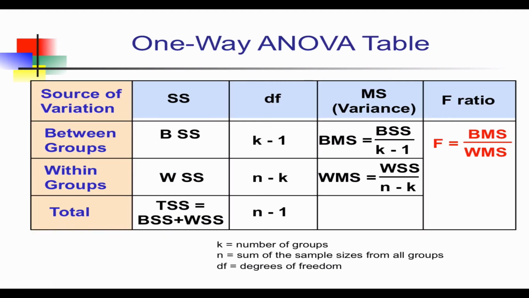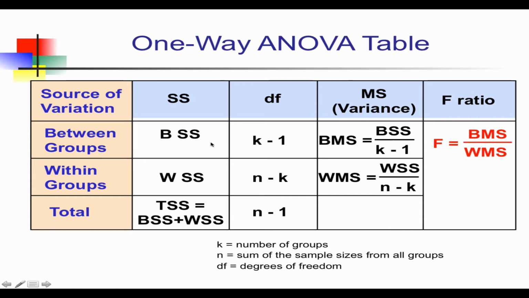And this gives you the ANOVA table, which is typically what you see for any analysis of variance. So you get the source of variation, SS, which equals the summation of between and within. And then you get the total degrees of freedom, which corresponds to k minus 1 for between, and the degrees of freedom corresponding to within. And then you get the mean sum of square, or the mean variance, which is this column over this column.